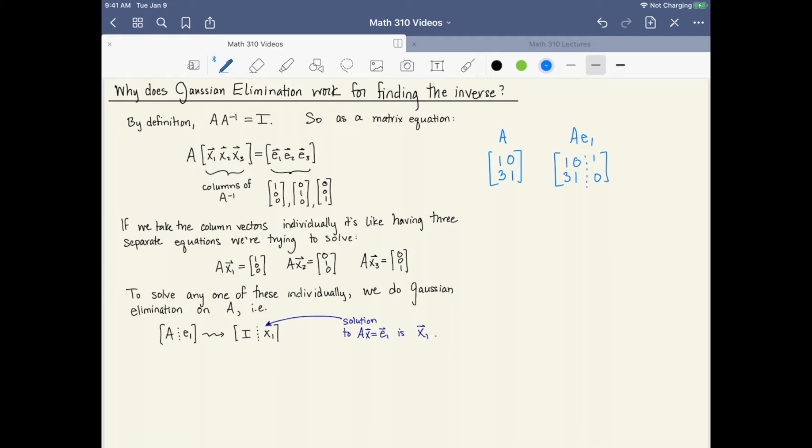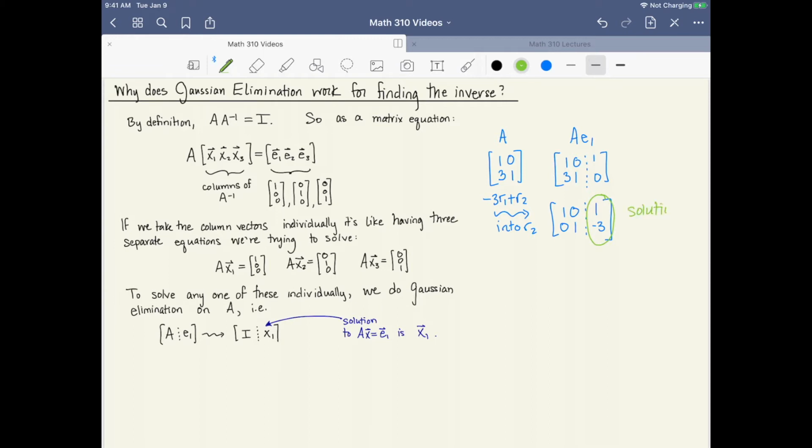And I could use row operations. In particular, here I would use minus 3 row 1 plus row 2 into row 2, giving me the identity matrix. Because this becomes a 0 and this remains a 1, and I would have a minus 3 here. And this vector, 1, minus 3, is my solution.